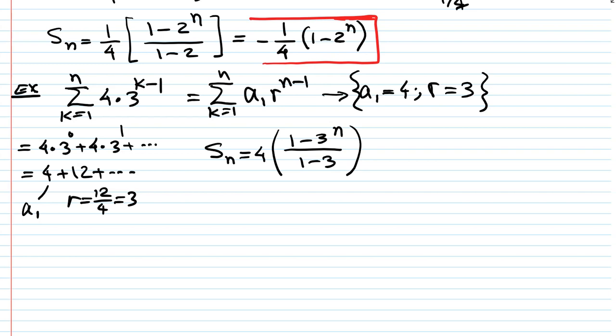So first term is 4, and 1 minus 3 is negative 2. 4 divided by negative 2 is negative 2 times 1 minus 3 to the n. And again, this would be the general formula for the sum of any number of terms in the series.